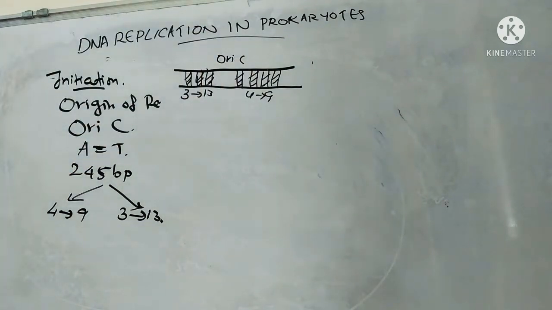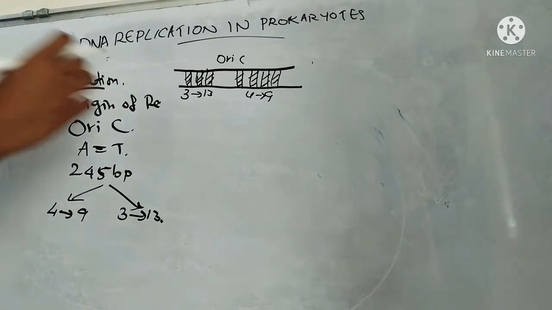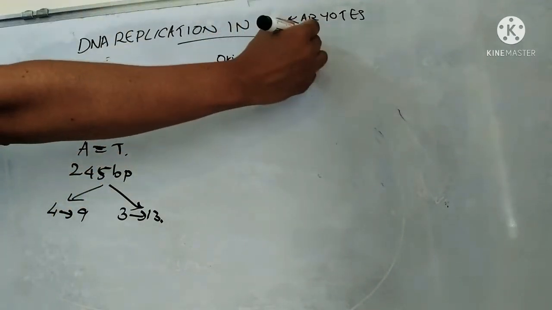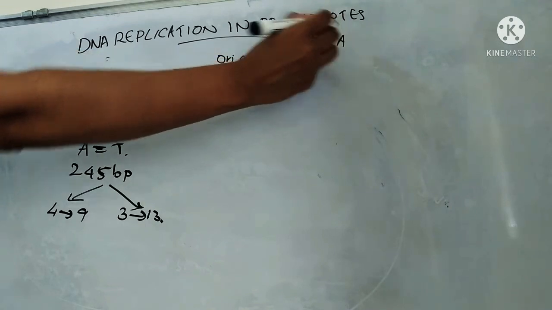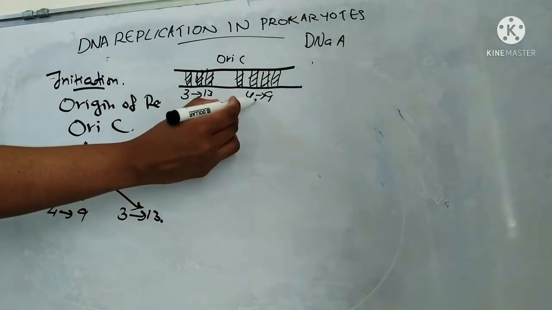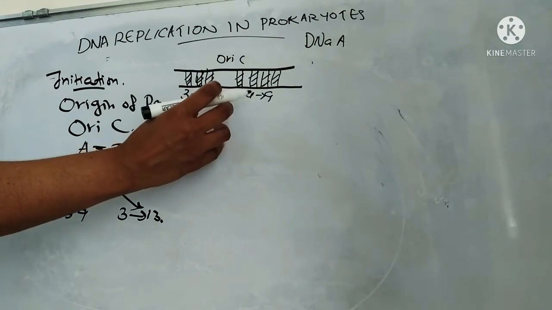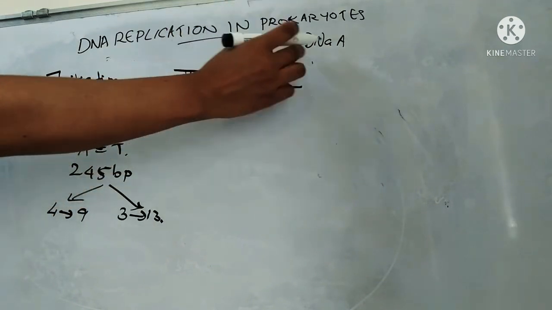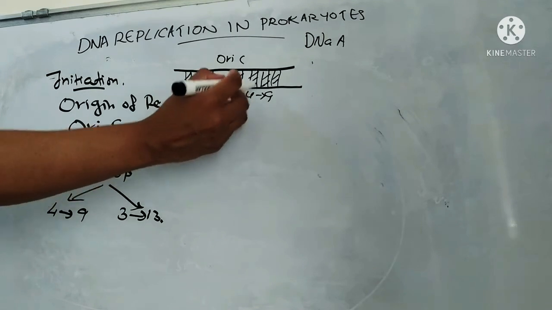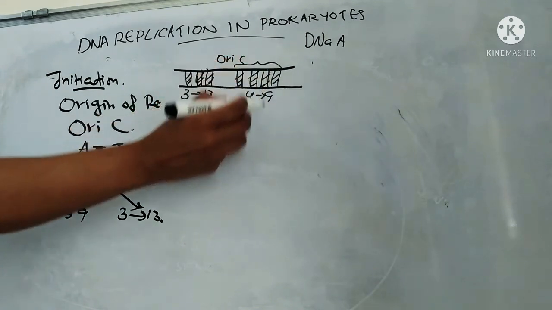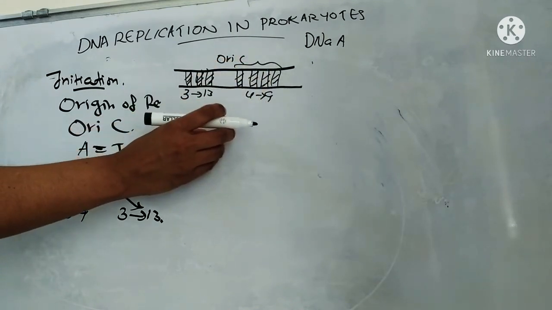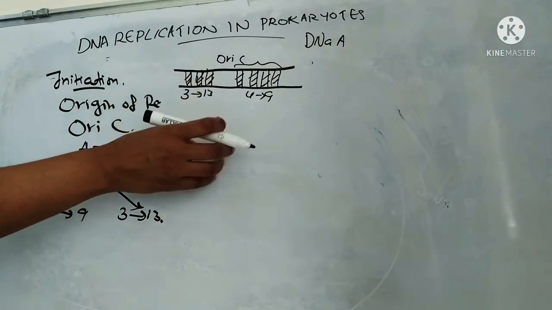So in the initiation, the first step is DNA A protein binds to the 4 repeats of 9 base pair. This DNA A protein binds to this region and it facilitates the strand separation of the DNA duplex.